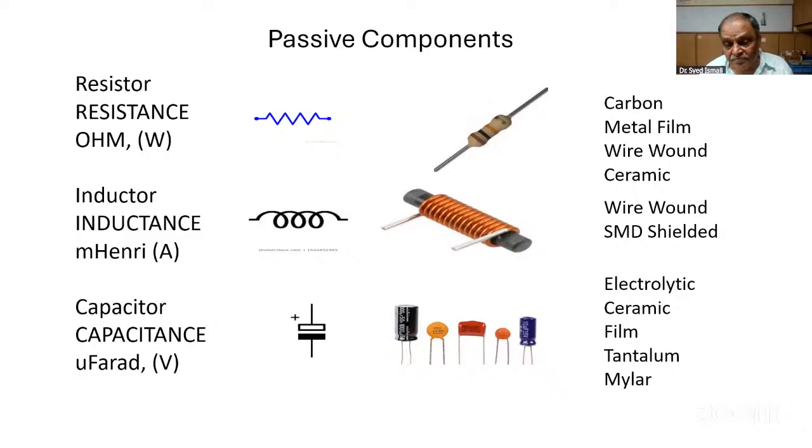Second is the inductor. An inductor looks like a wire only, but wound like a coil. So we call it an inductor. To understand this, when the electron flows through a wire, around the wire it creates magnetism.